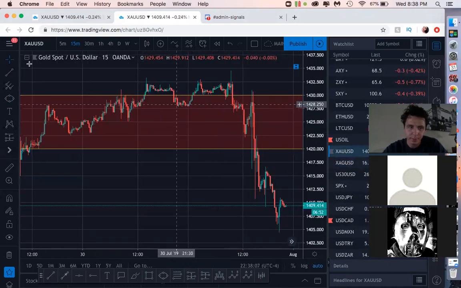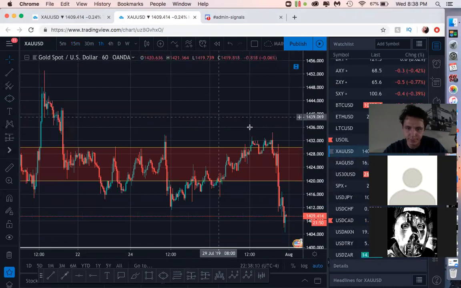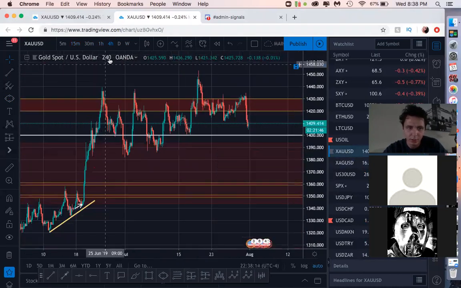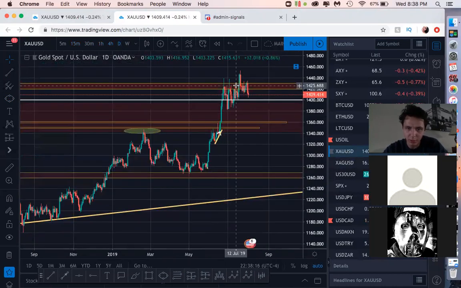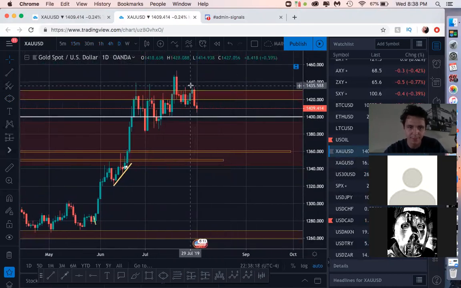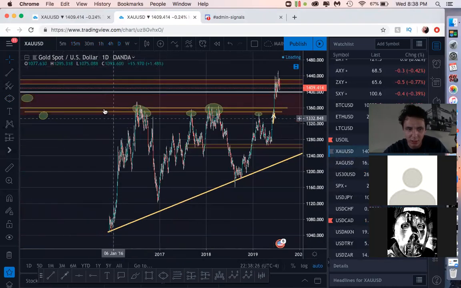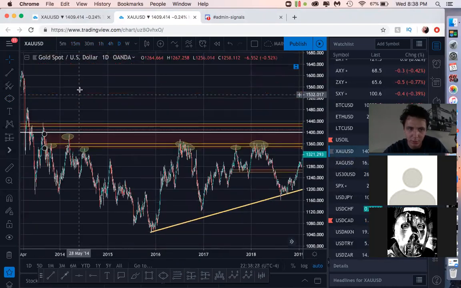So back to what I was talking about. You haven't noticed I kind of go all over the place. I was on the daily, wasn't I? Yes. So again, speaking in these terms, we are looking at 1400 for a retest. Maybe, let's see if we can't line up a second zone.